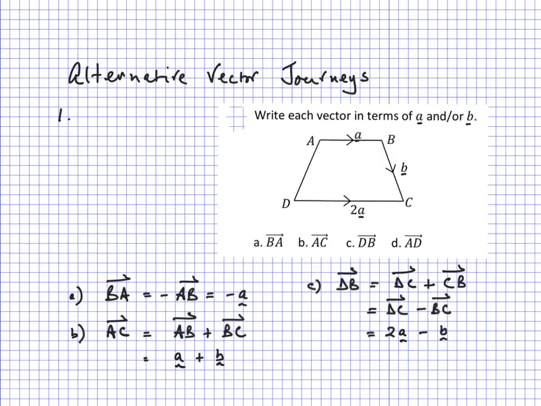The last thing we'll do is part D. So AD equals A to D. Well, again, we don't have any information about this line here, but we do know that we can go from A to B, B to C, and C to D. So there are three stages: A to B plus BC plus CD.